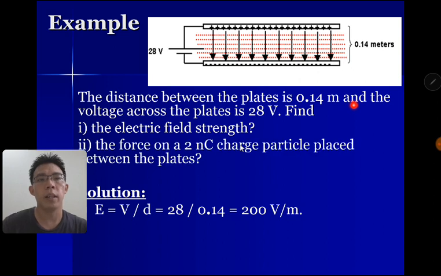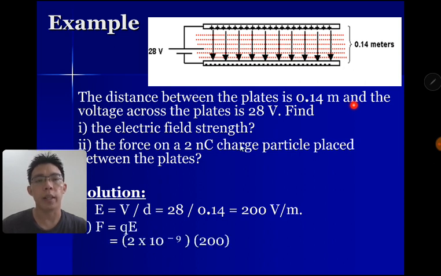Secondly, find the force on a 2 nanocoulomb charged particle placed between the plates. We can use the equation F over Q. Remember that F over Q is not just for a point charge in space. It can also be used to calculate field strength inside a uniform field. It's just that a uniform field has another equation, E equals V over D.